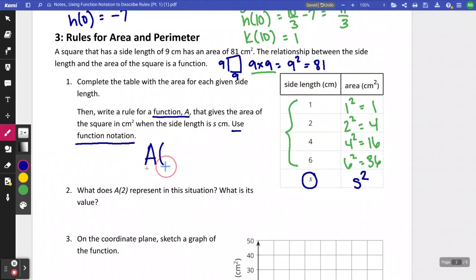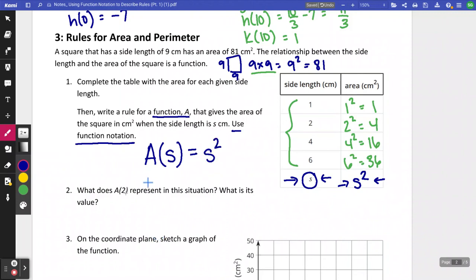Then in parentheses after the name of the function is what we're calling our input. Here we're calling our input s. So I can say a of s. After that, when I go to write my equation, is our output. Our output is what we've got right here. A of s equals s squared.